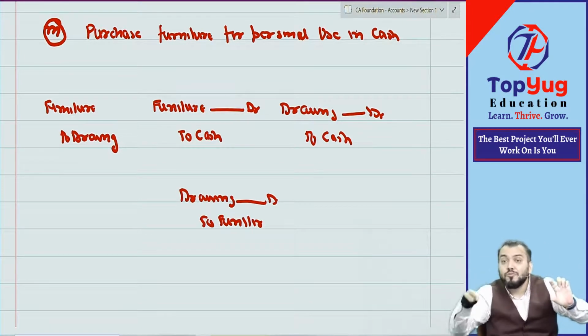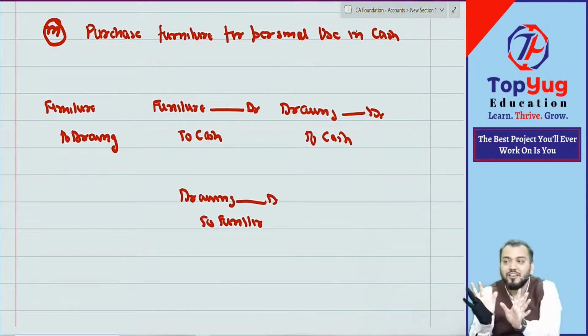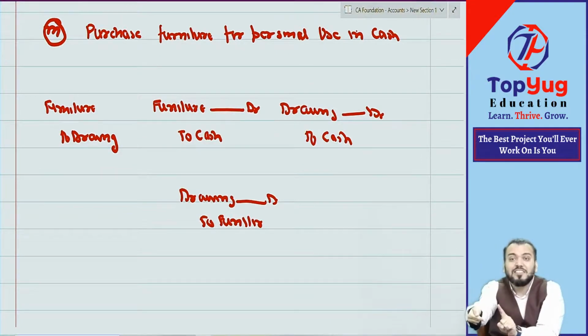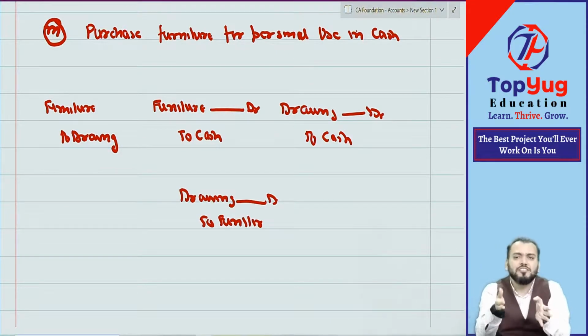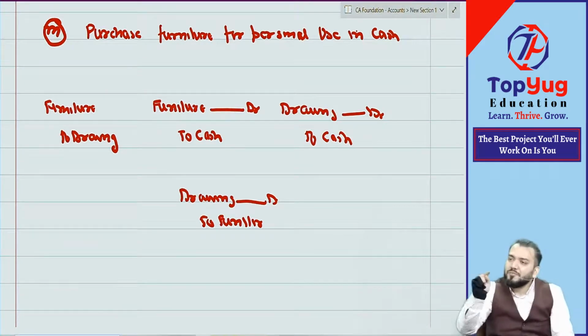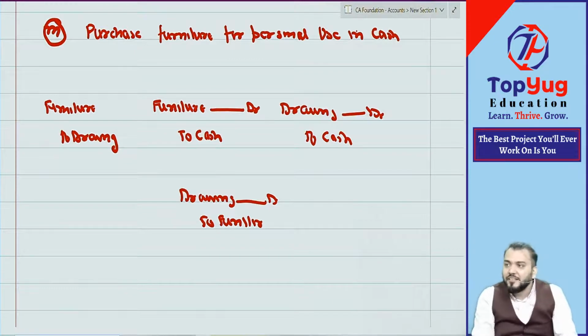Use. So whose use? Business use, not personal use. Then we'll open the respective fixed asset account. So here furniture is used by owner or used by business? So furniture account will not increase.